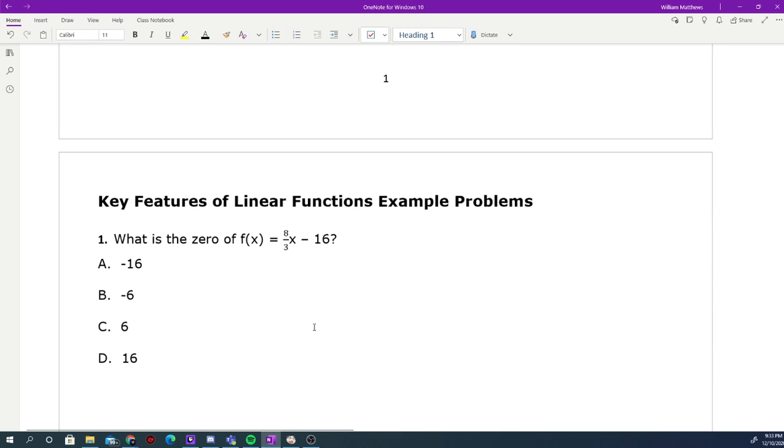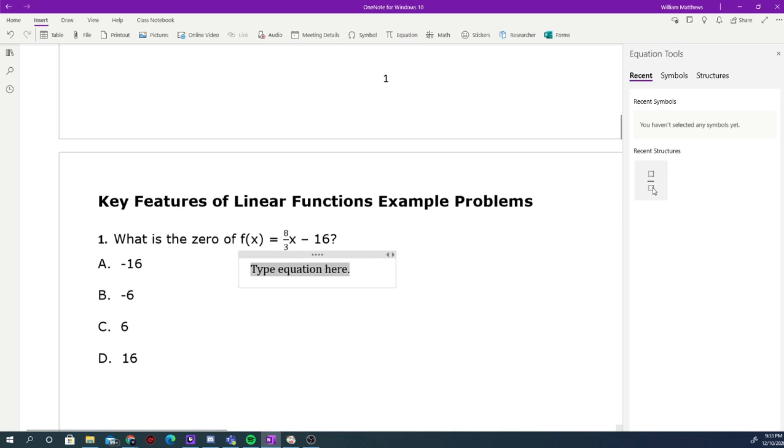The last way, using mathematics, we would take our equation and say that our f of x is actually 0. So in this case, we can say 0 equals, let's turn this into an entire equation so it looks the same. 0 equals 8/3 x minus 16.